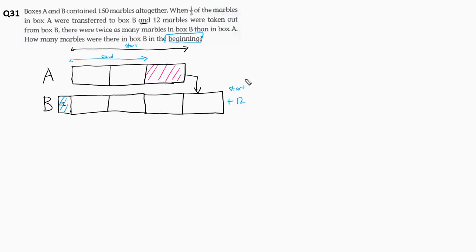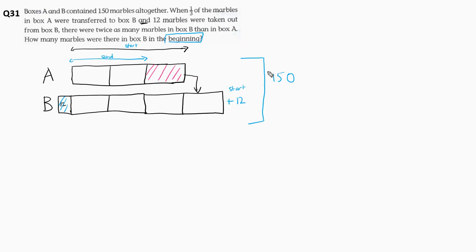Okay, so what can we figure out now? Well, it says that boxes A and B contained 150 marbles altogether. So let's have a look. This whole model represents 150 marbles. What about these equal parts here? Normally we like to count up how many equal parts and we divide our altogether number by the number of equal parts.